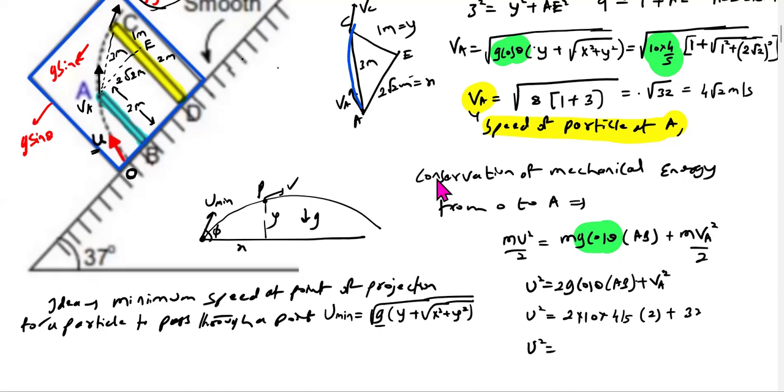U square equal to 2 times 8 times 2, which is 48. And 1 by 2 times 2, 16. 16 plus 32, 48. Okay, this will be our answer.